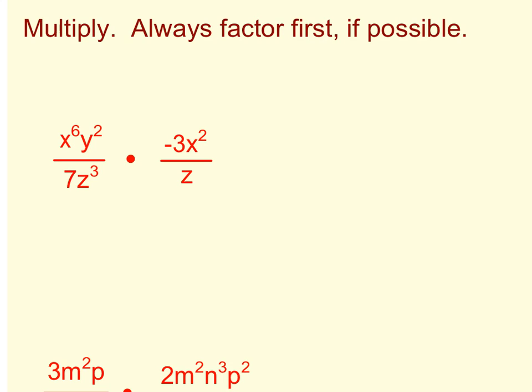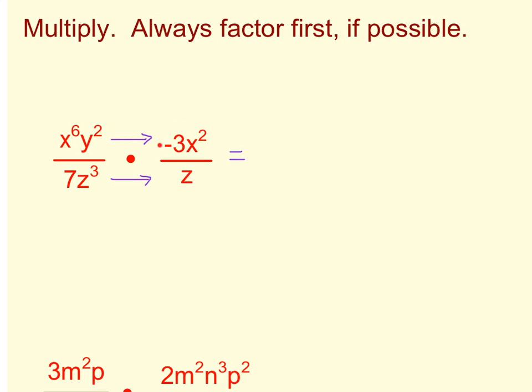But if you have two rational expressions like these, a monomial over a monomial times a monomial over a monomial, if there's no addition or subtraction, you can't actually do any factoring. So in this case, we will just multiply straight across on the top and multiply straight across on the bottom so that we get one fraction, and then we'll go through simplifying our fraction. This kind of takes us back to chapter 7 with our exponent properties.